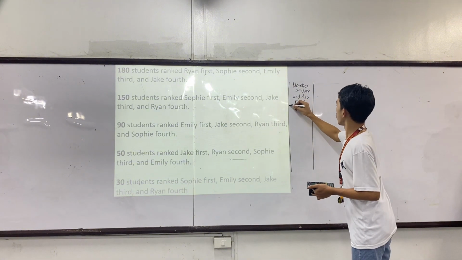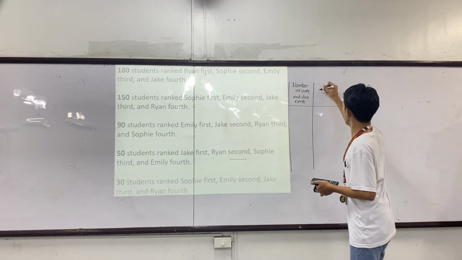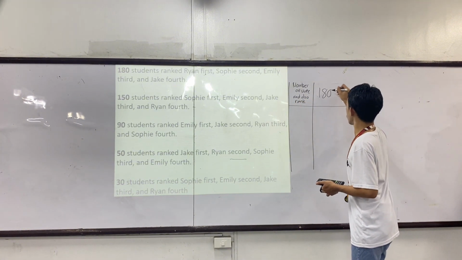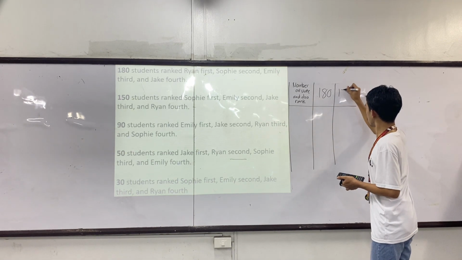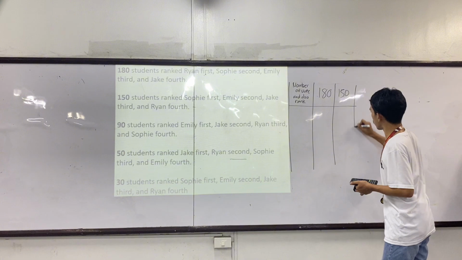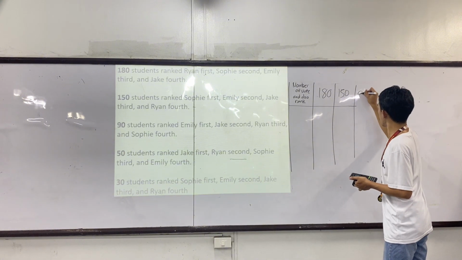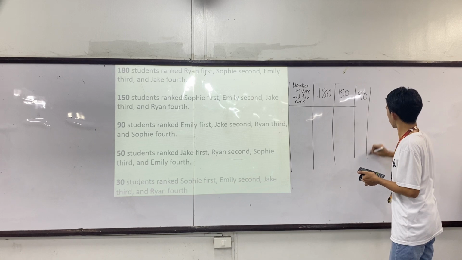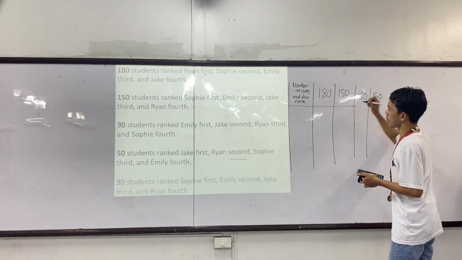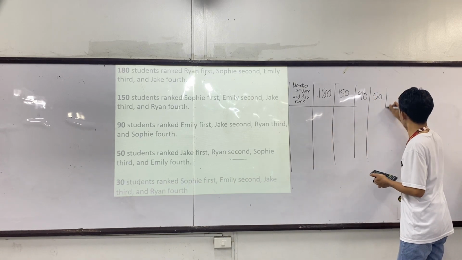So there's 180 in the first round. Next, 150. Next, 90. Next, 50. Next, 30.